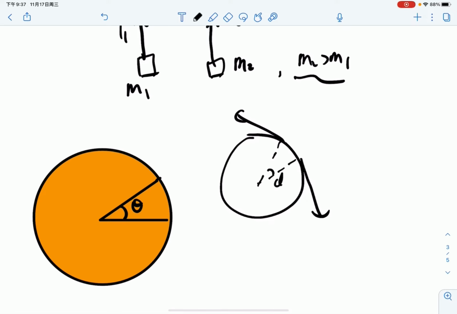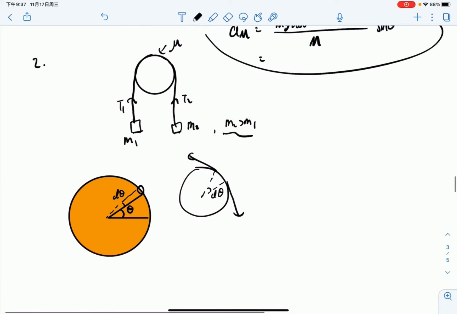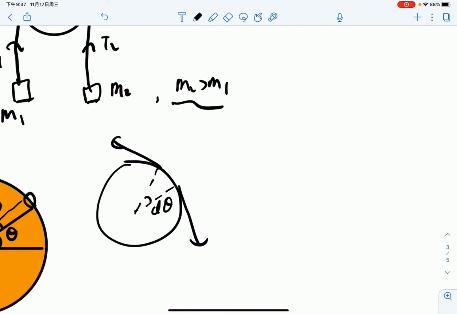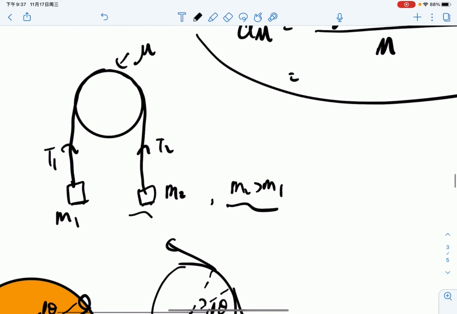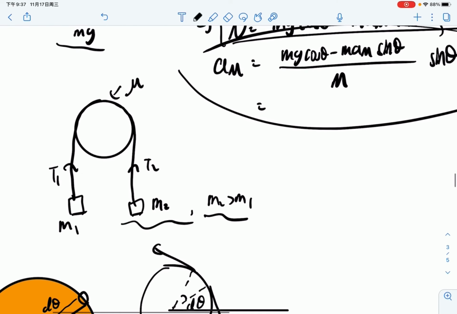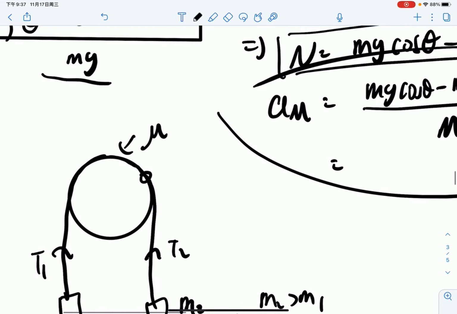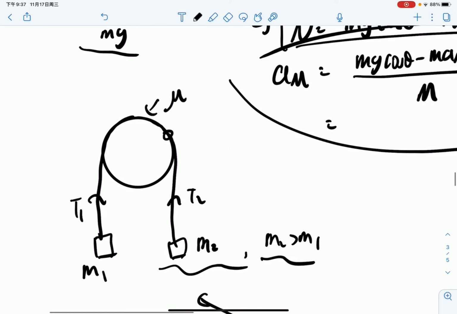D theta. We're just taking a look at a small piece over here. And d theta. And we know that this is just going to slide. It is at the verge of the slide, and we assume in this example that for all points on the string, the friction is equal to mu n.